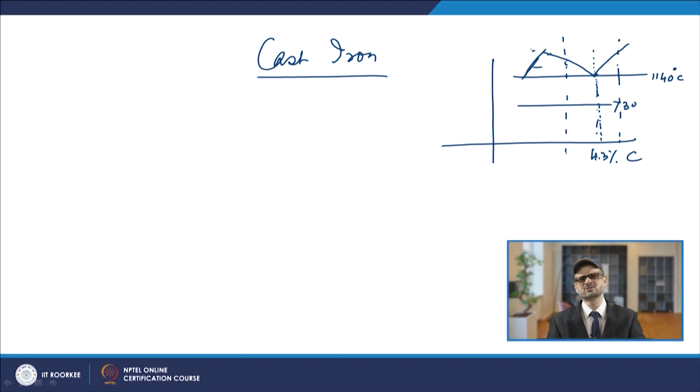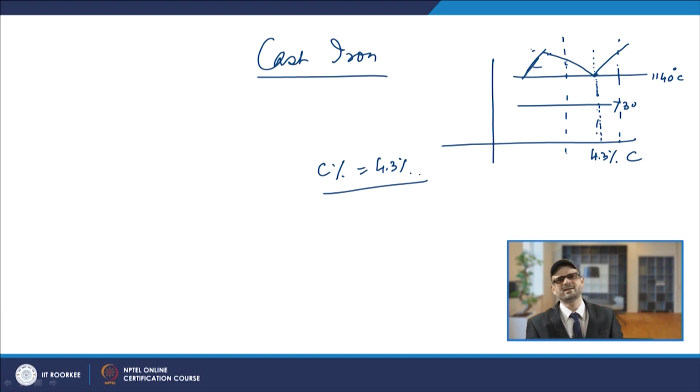It was seen that when the carbon percentage is 4.3%, you get the eutectic composition. But because of the presence of certain other alloying elements, like silicon, this will be shifted towards the left. Use of silicon as the alloying element will shift the eutectic composition point towards the left.